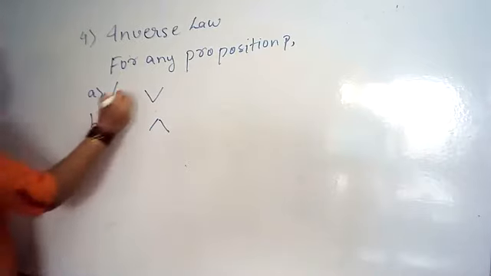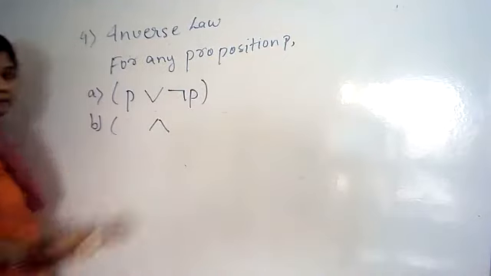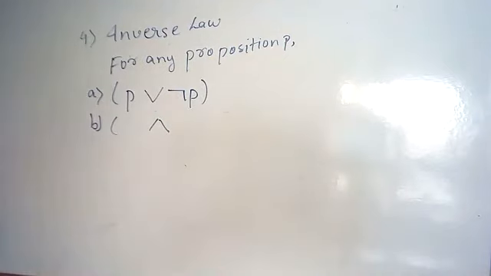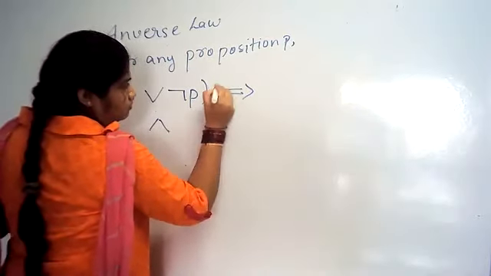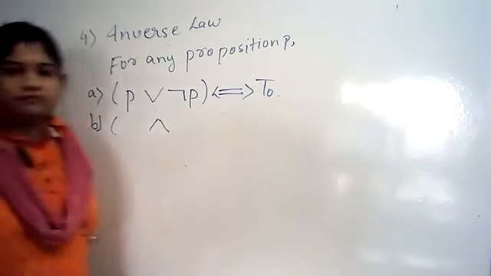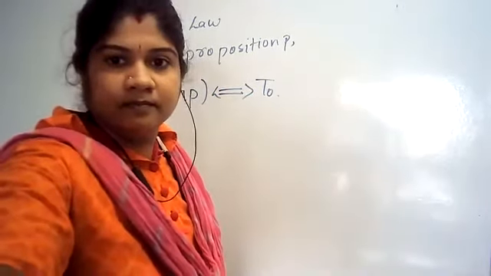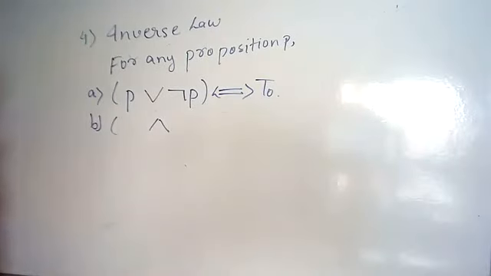This is P disjunction negation P, which is equal to tautology. P disjunction negation P is tautology.